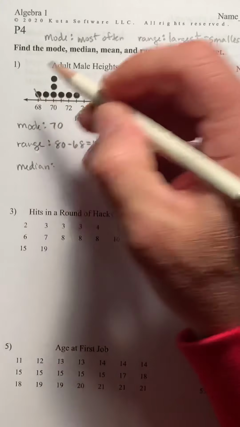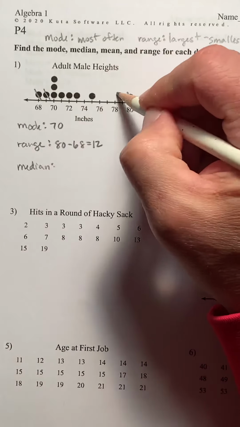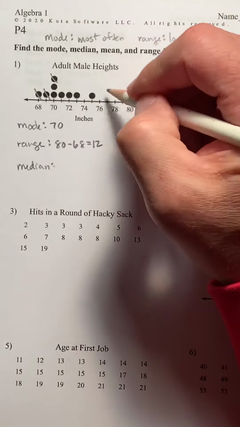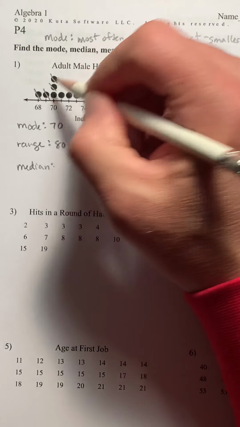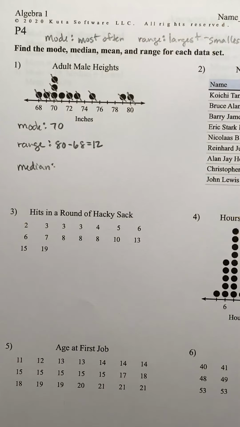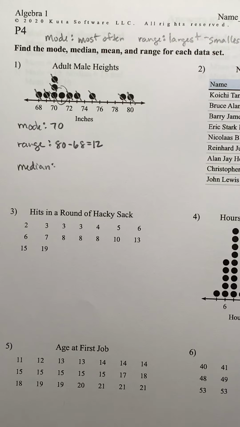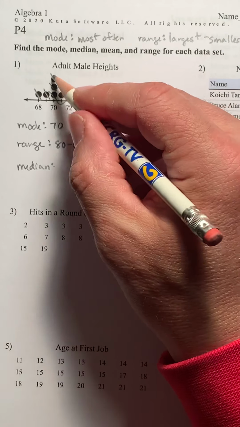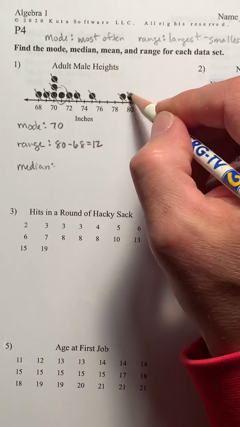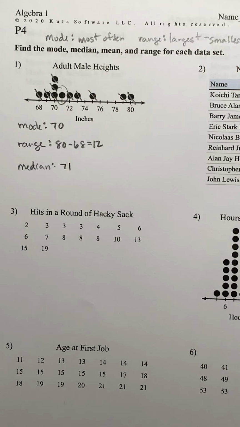And so we take numbers off each end, low end and high end, and then take one off the low end and the high end, and off the low end and the high end. You just keep doing the smallest and the largest that are left. And what is going to end up happening is you're going to end up in the middle. This particular data point has 5 data points to the left, 5 data points to the right. That median value is 71.